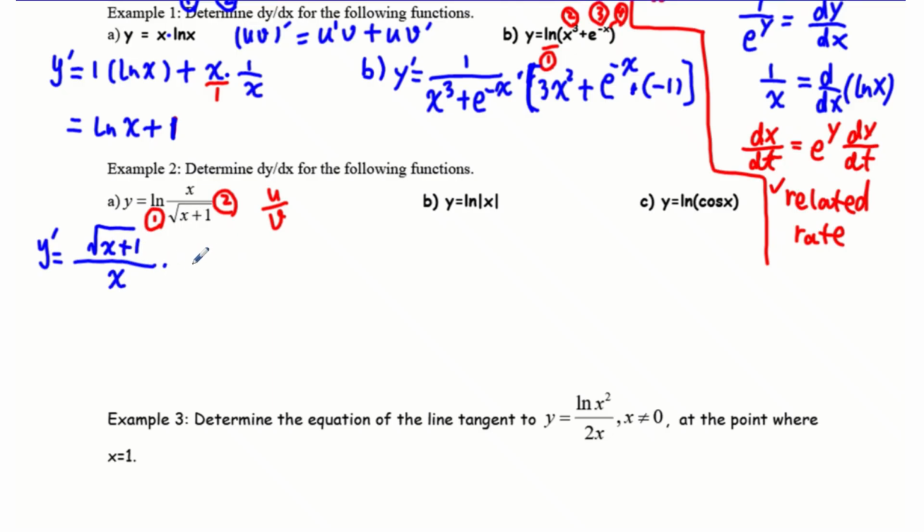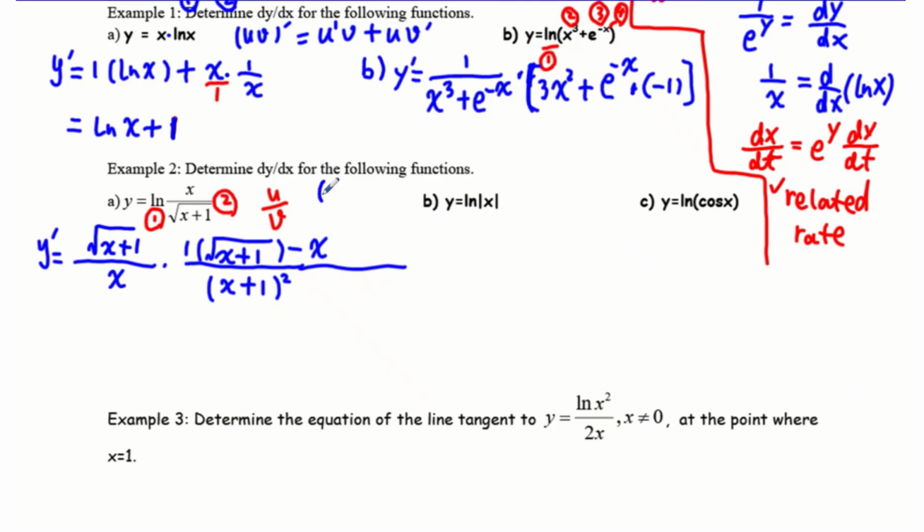Then do the derivative of the quotient, over denominator squared. First, the derivative of x is 1 times the denominator, then minus u times the denominator derivative.